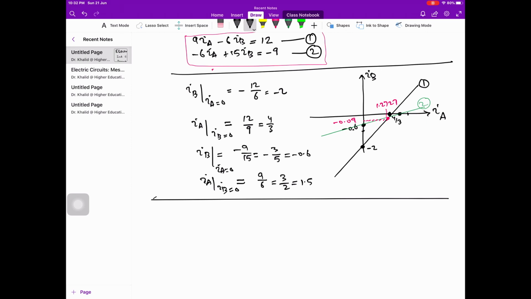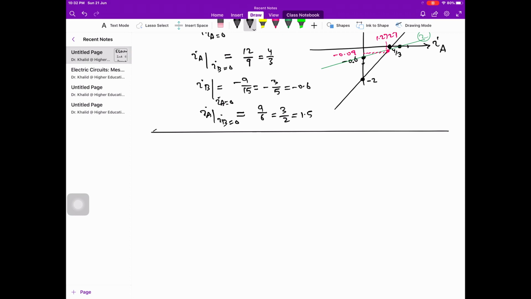Now I will take another example. I have selected various examples in this lecture, and I have selected them carefully. I will be using the actual value of the current, and I will keep these circuits simple so that you can understand quickly.